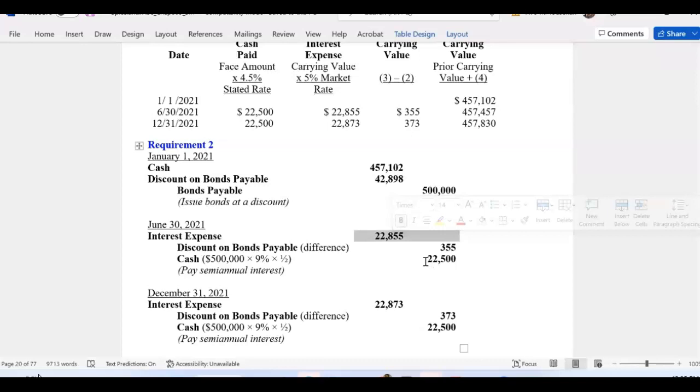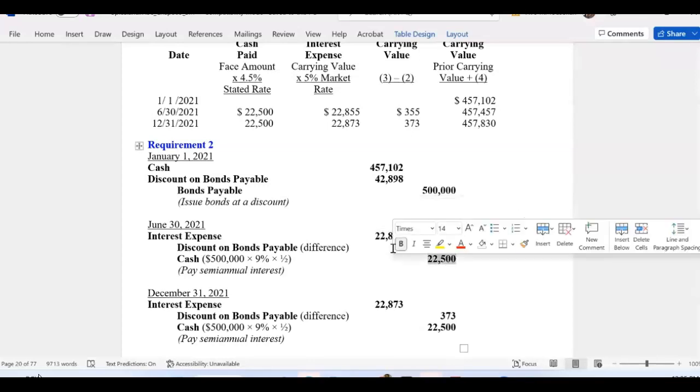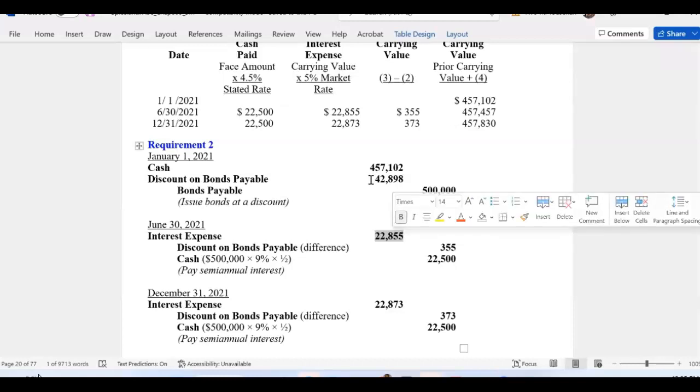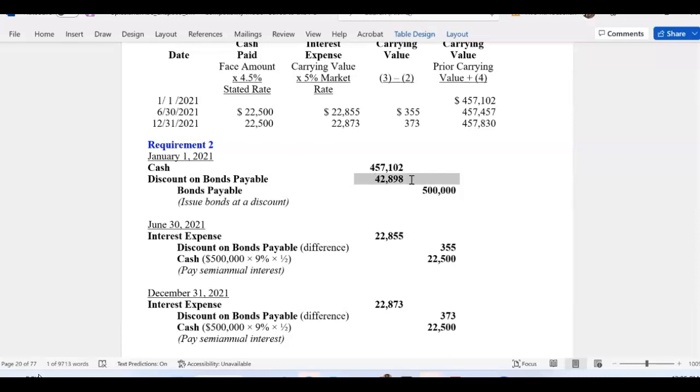So instead of recognizing $22,500 interest expense, the company recognizes a little bit higher interest expense every time for the next 20 years. And that will make these discounts on bonds payable go all the way to zero. And the interest expense will be recognized a little bit higher every month proportionally. And that's much more fair and clear for investors, instead of recognition of a big interest expense on day one. That's not fair because this belongs to the next 20 years. Make sense?